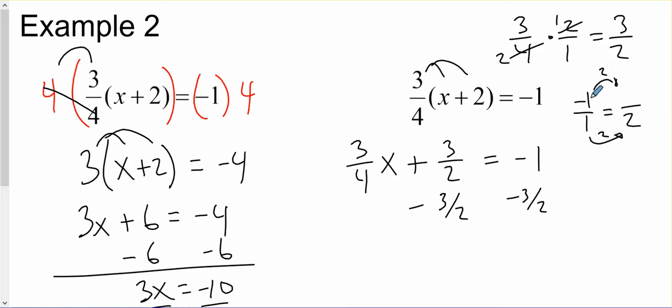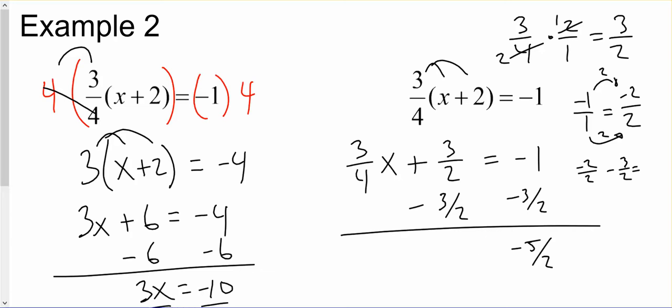Multiply by 2, so -1 times 2 is -2, right? -1 equals -2/2, right? So this is -2/2 minus 3/2. So what's -2 minus 3? -5/2. So 3/4 x equals -5/2.